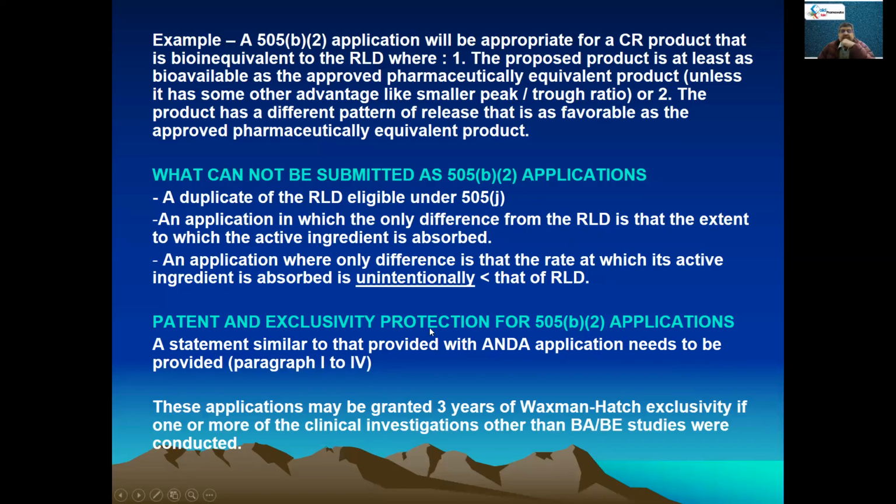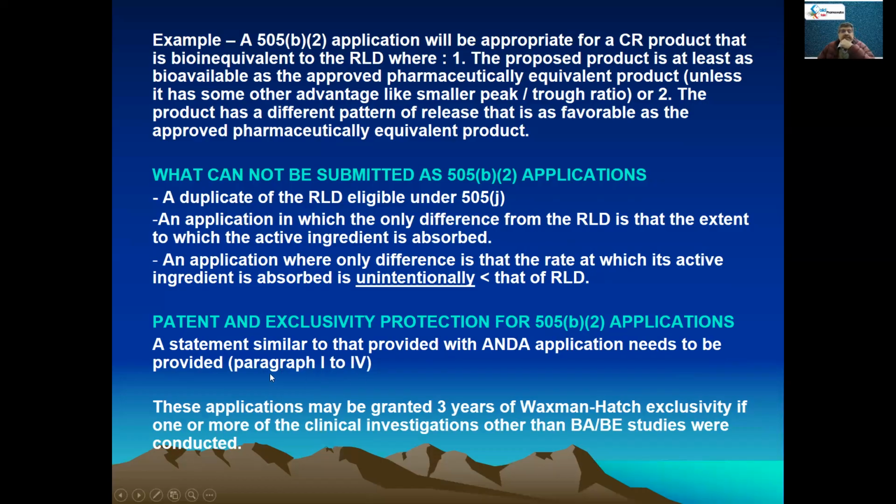Patent and exclusivity protection for 505(b)(2) applications is available, and a statement similar to that provided with an ANDA application needs to be provided, which means a statement related to paragraph 1, 2, 3 or 4, just like in the case of ANDA, needs to be provided even in 505(b)(2) applications.